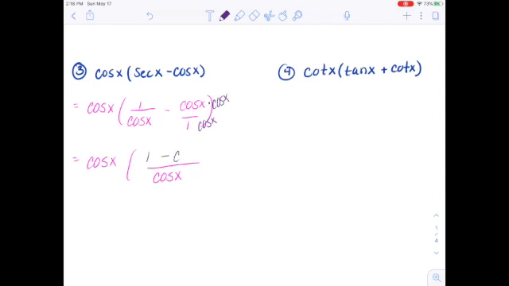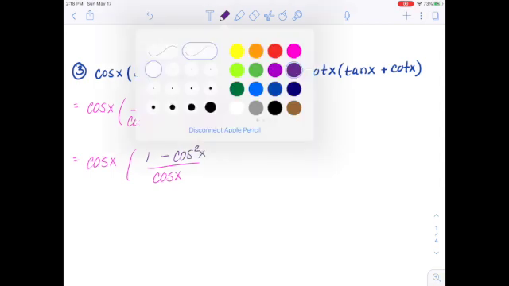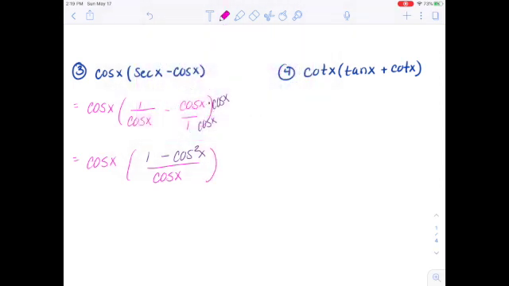So that becomes 1 minus cosine squared of x, which is forcing an identity to happen, and also my cosine of x's will cancel. So you should recognize that as Pythagorean theorem identity by this point, and you're left with just sine squared of x as your answer.